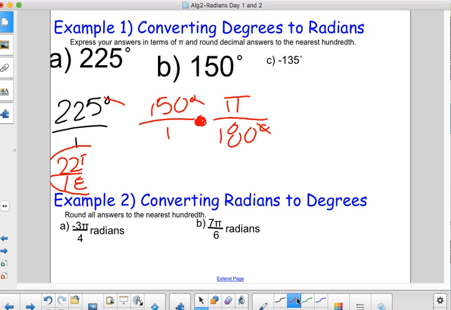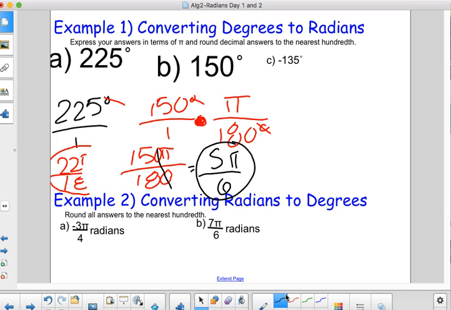Fractions always multiply straight across, and that's just a 1. And this one is super easy to reduce, because if they're both zeros, what do those do? Yeah, it's like automatically reducing it by 10. 15 and 18, what goes in both of those? 3. So then 5 pi over 6.